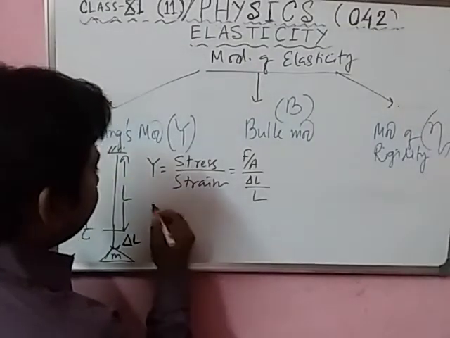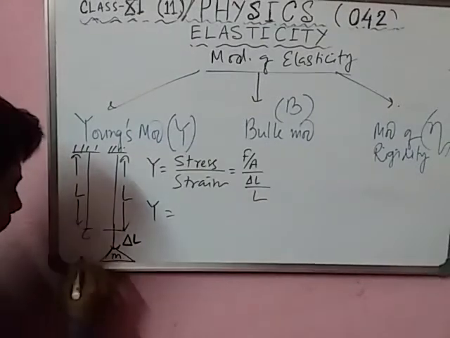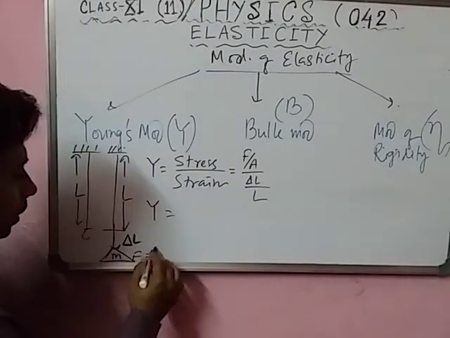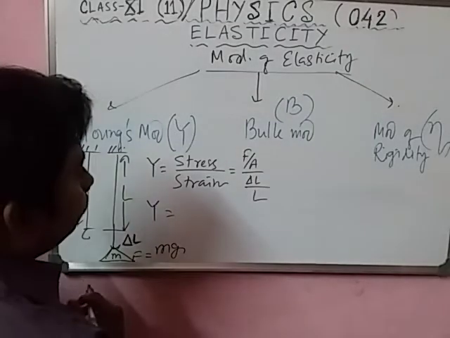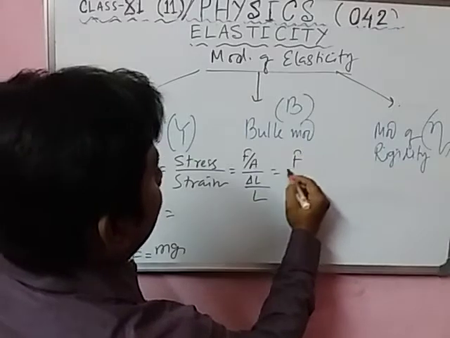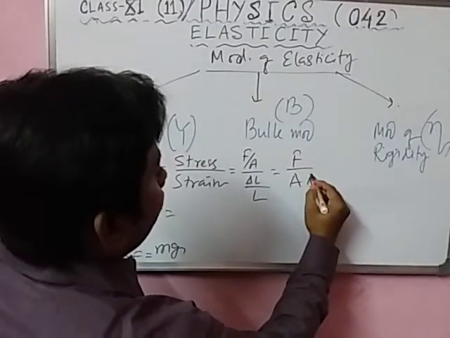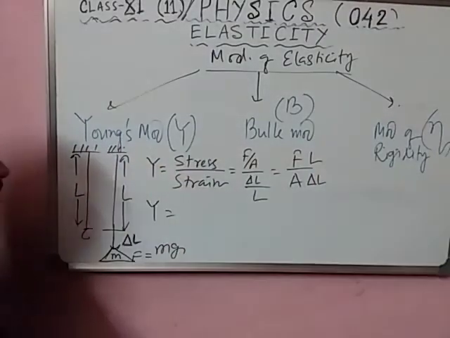So by rearranging, we can get Y equal to force by area into L by delta L. Force means mg.